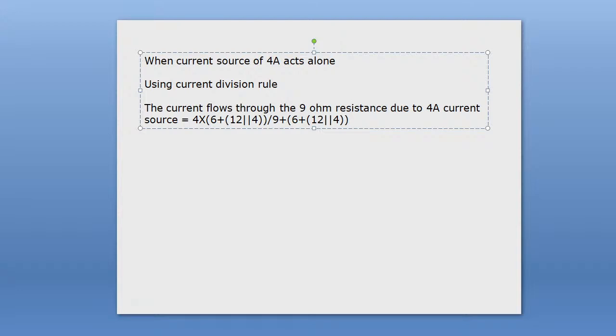So ultimately you will get this value. You just simplify this and you will get the value of current component I2 double prime equal to 2 ampere.